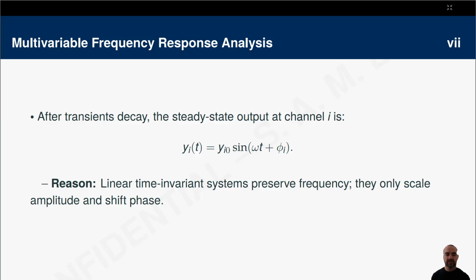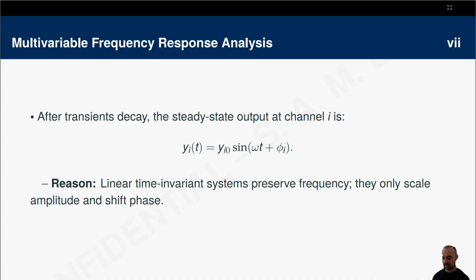After transients decay, the response at channel i is y_i(t) equals y_i0 sin(ωt + φ_i). Again, we're talking about linear systems. Linear time-invariant systems preserve frequency. They only scale the amplitude, higher or lower, and then shift the phase.